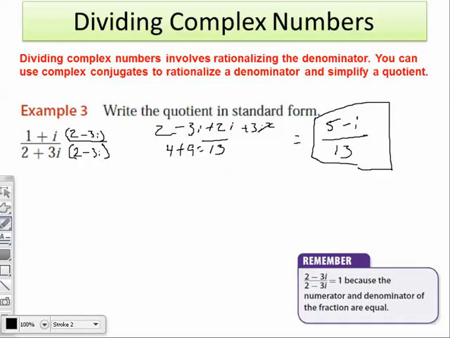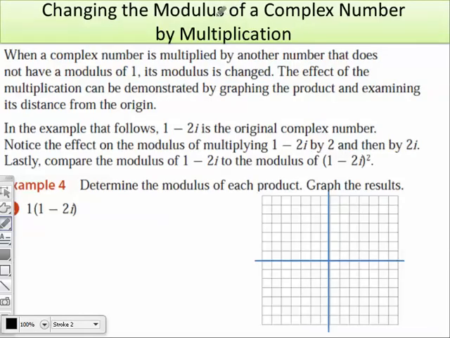Okay? So let's look at what happens. What are we going to do here? Well, if you read this whole thing, they're going to have you go through some examples of what happens to the modulus of each product. If we multiply times 1, we get minus 1, or 1 and then a negative 2. We're talking about right there.